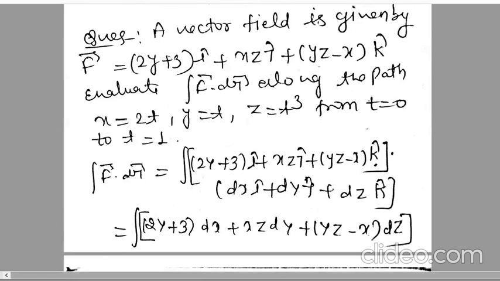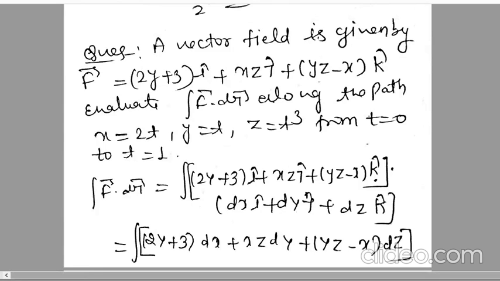Okay, let's see this example. A vector field is given by f vector equal to (2y plus 3) i plus xz j plus (yz minus x) k.